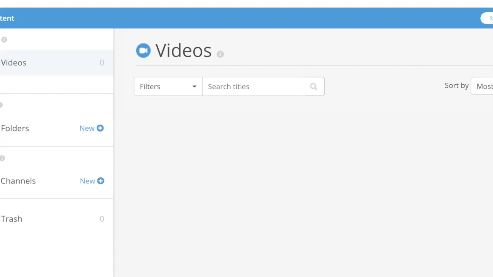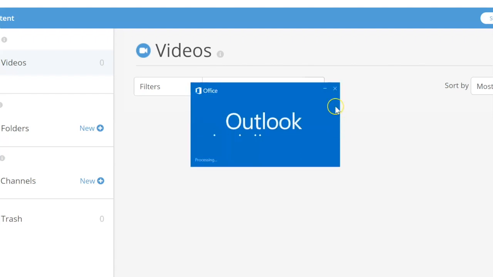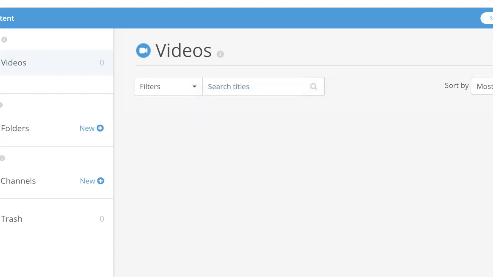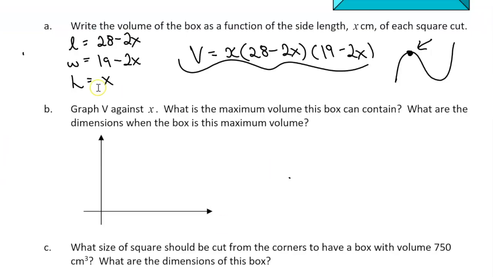So going back to the question right here, when it says graph it and then explain what are the dimensions when the box is this maximum value. Well, we can start to do that because it roughly looked something like this based off of the window that we had right here, and we knew that this produced 3.7.